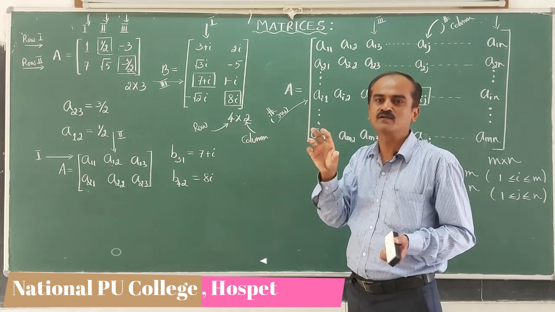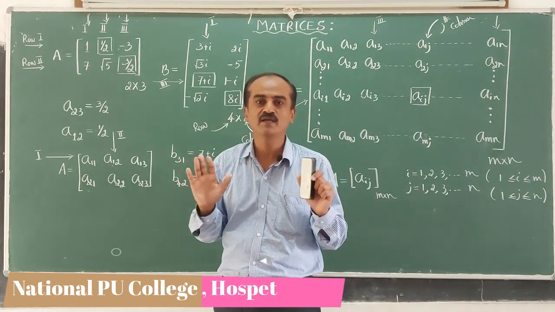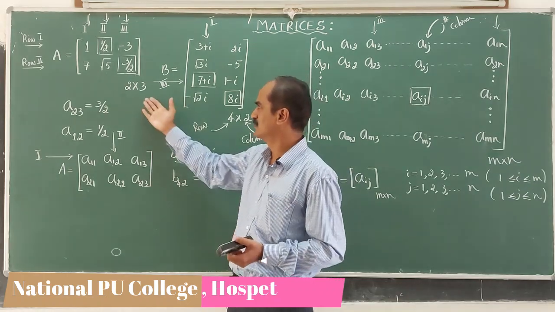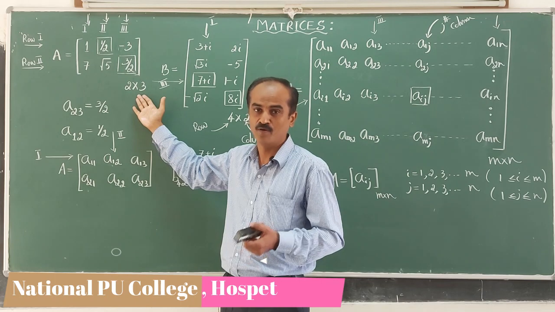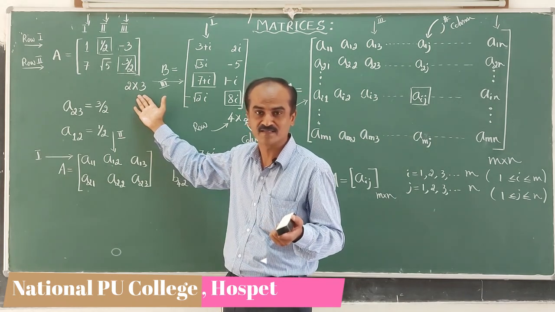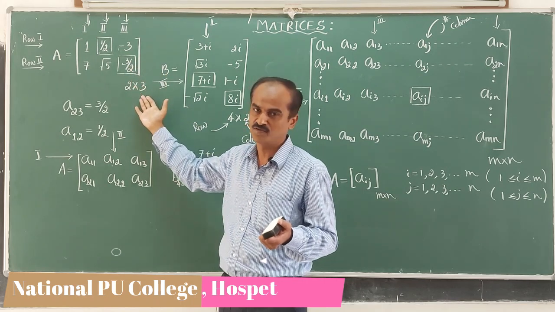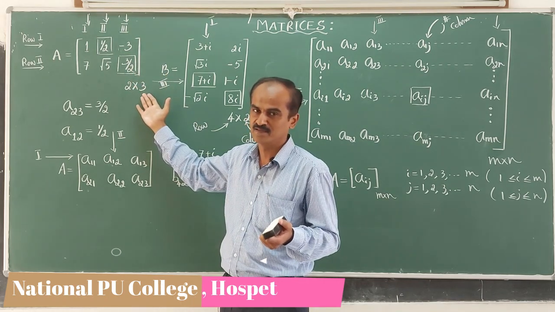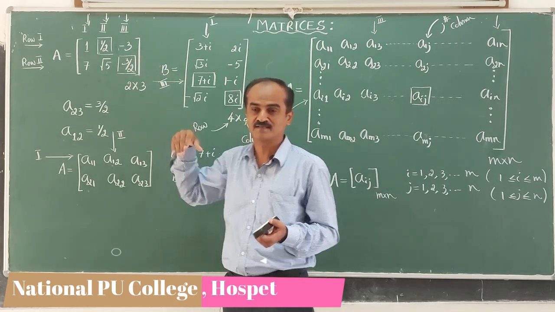So by counting we can tell, but now they are not given the matrix. Instead they are saying only the order of the matrix, like A is a matrix of order 2 by 3. Then how many elements are there in that matrix? We said already 6. Observe the order 2 cross 3. When the matrix is of order 2 by 3, we say the number of elements is 6.